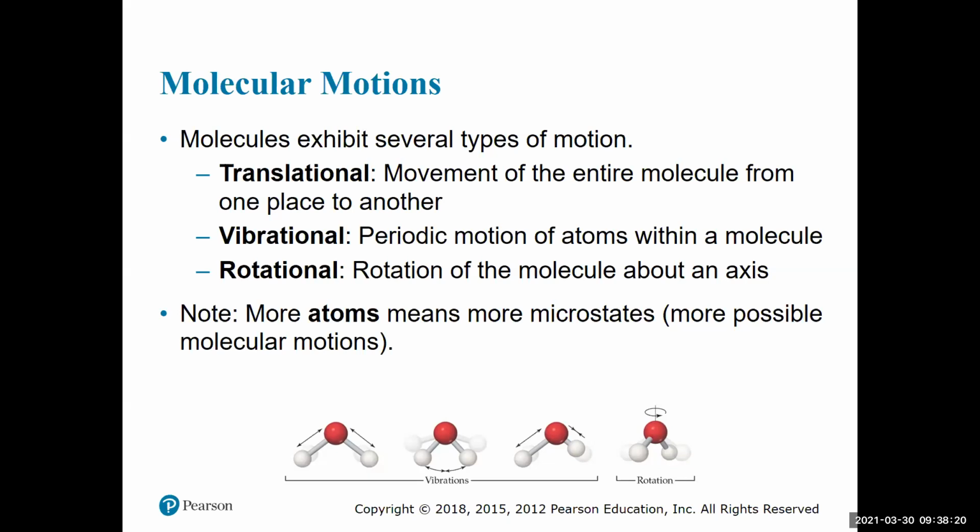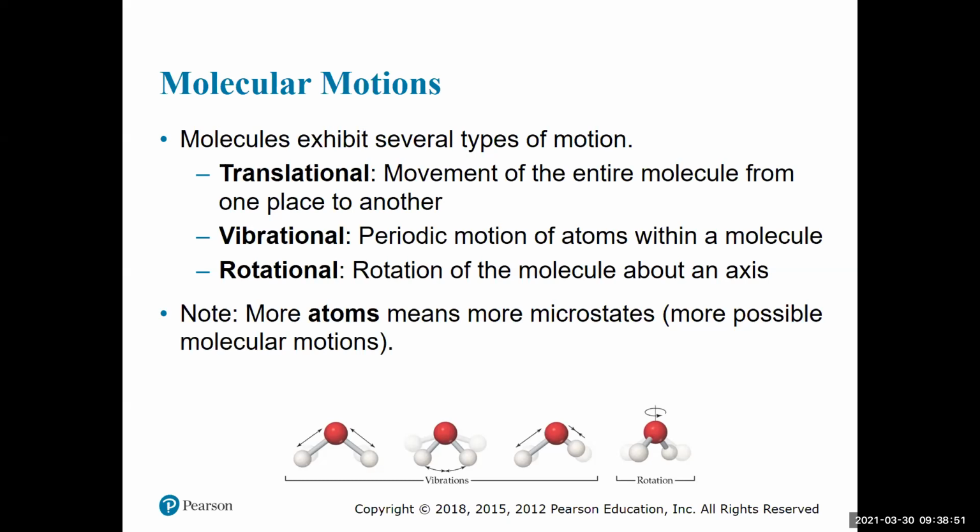The example on the right-hand side here, think of it as an axis coming down from the top through that red atom. Just like with those little whirligig things, you're spinning it around. So it's rotating on that axis. Look at this: we've got the spinning, we've got these different vibrations around the bonds, we've got all this stuff going on.